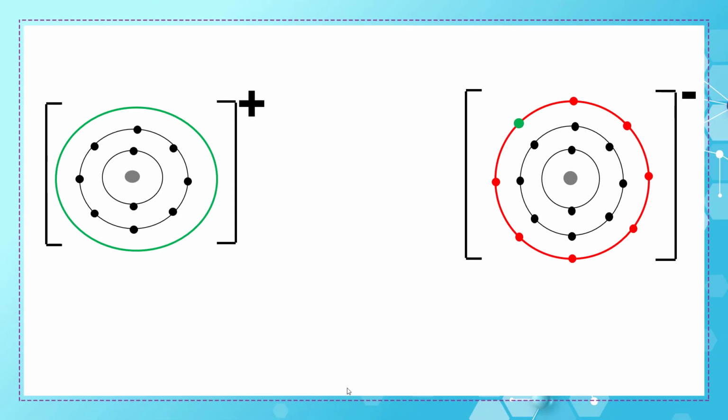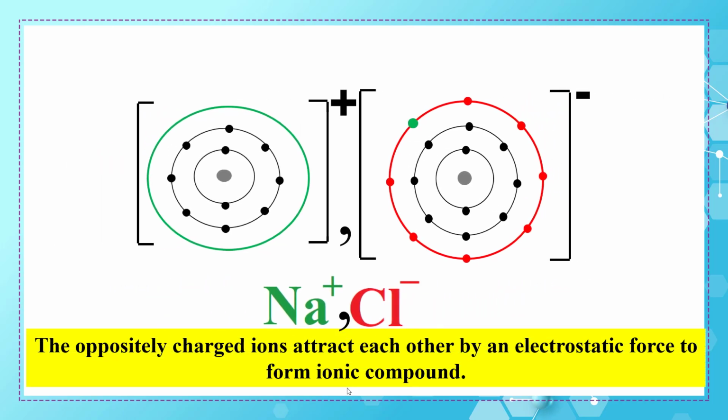Let us see here. What about the cation and anion, Na+ and Cl-? Look at the opposite charges. Here I have the positively charged ion, which is Na+, and here I have the negative charge, Cl-.